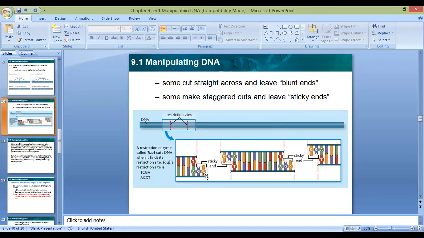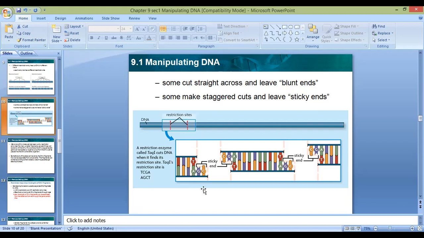Why do we call them sticky ends? Because it's very easy for them to stick to another complementary nucleotide. If they find the complementary nucleotide, they will hold on to it easily. So scientists use more the enzymes that make staggered cuts, because staggered cuts make it easy for genes to hold together by making hydrogen bonds.